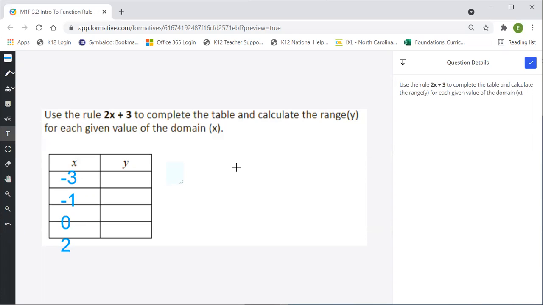Okay, so what we're going to do is plug it in and find each value. This first one, we have 2 times -3 plus 3. That gives us 2 times -3 is -6, plus 3 is -3. The next equation, 2 times -1 plus 3. 2 times -1 is -2, plus 3 is 1.